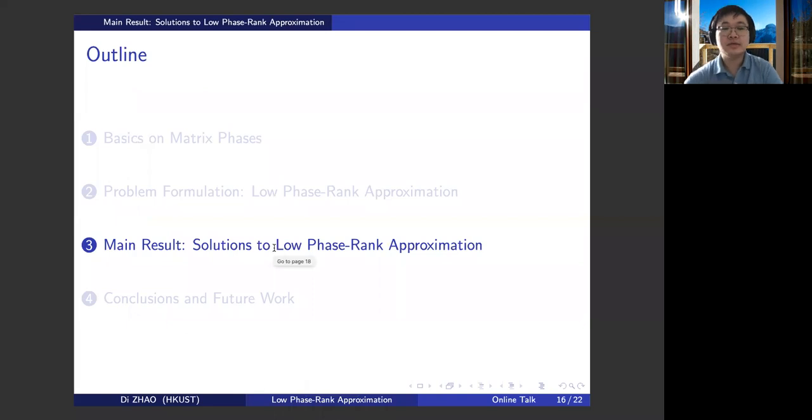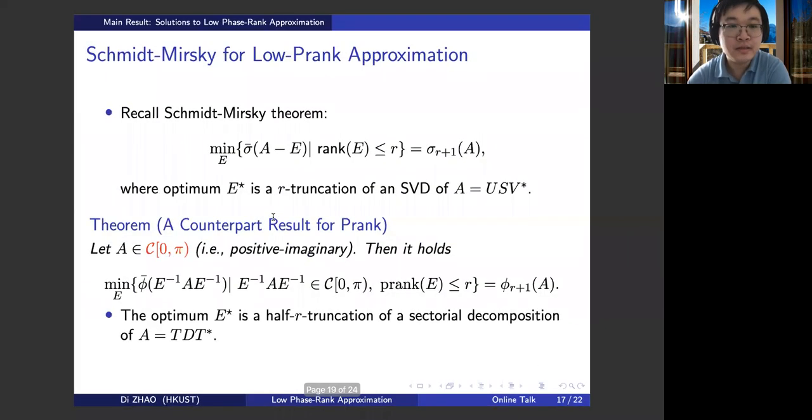Okay, so now we try to characterize the solutions to the low phase rank approximation. First, let's recall the famous Schmidt-Mirsky theorem, which, as we have been discussing, solves the low rank approximation. So this is a low rank approximation, and its solution is given by the Schmidt-Mirsky theorem. For the low phase rank, we develop a Schmidt-Mirsky flavored result like this.